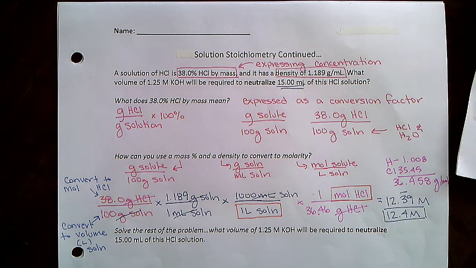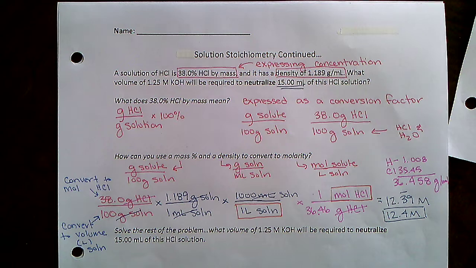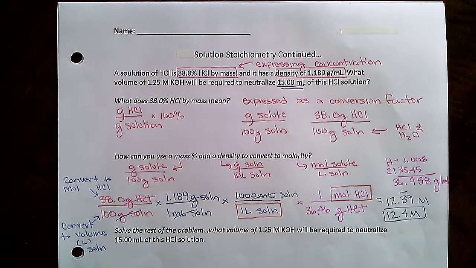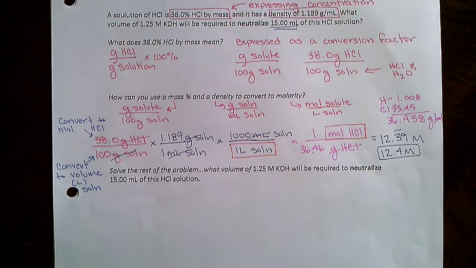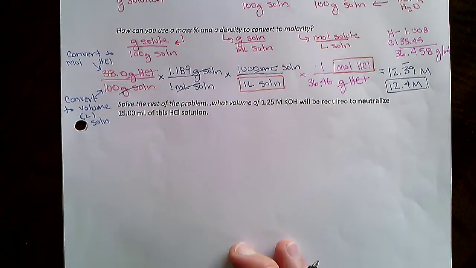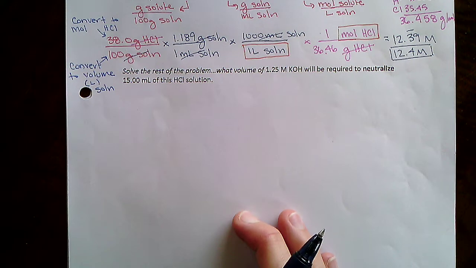So we've done problems like this when everything is in molarity, and now the goal is to use mass percent and density to solve a complete neutralization problem. So I'm going to move this up, give us some space.